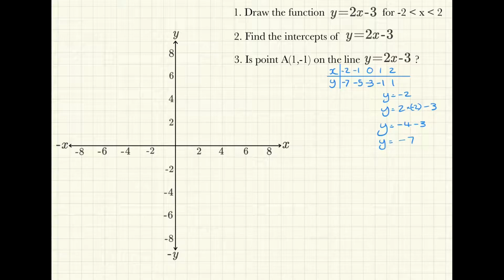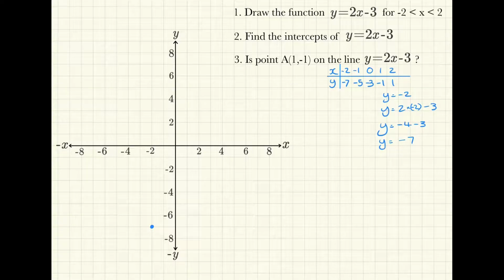All right, now I have a table of ordered pairs. I'm going to use this table to plot some coordinates on my Cartesian plane. So when x is -2, y is -7. Let's go ahead and put a coordinate there. Let's get my pen out. Right there. All right, next one.